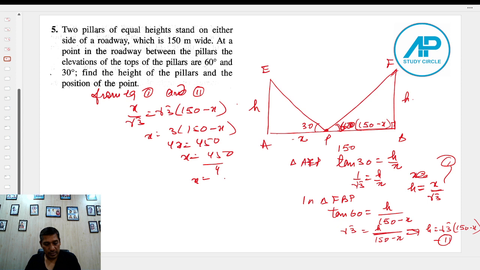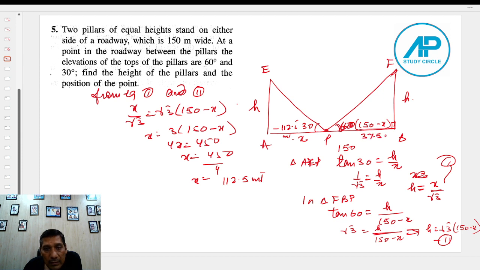The value of x is 112.5 meters. So one value is 112.5 meters and the other value is 37.5 meters.